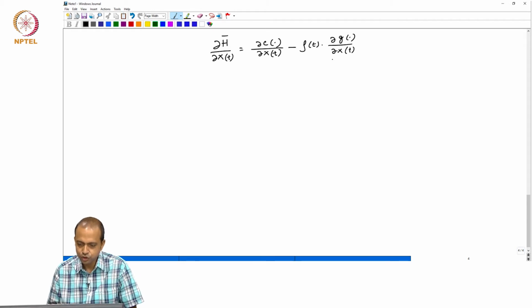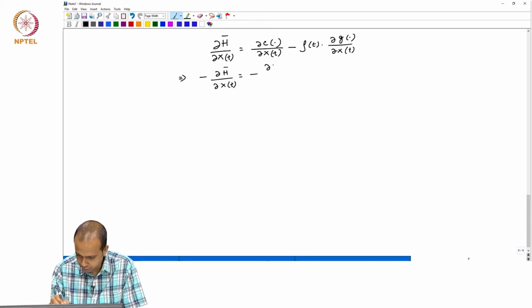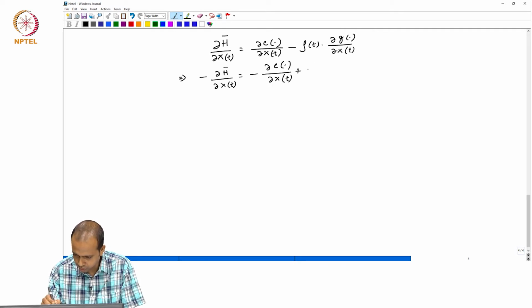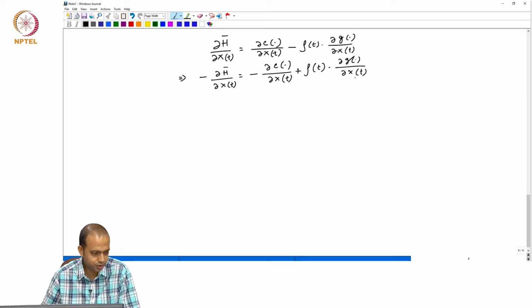So, from here, minus del H bar del x t equals minus del c del x t plus rho t into del g del x t.